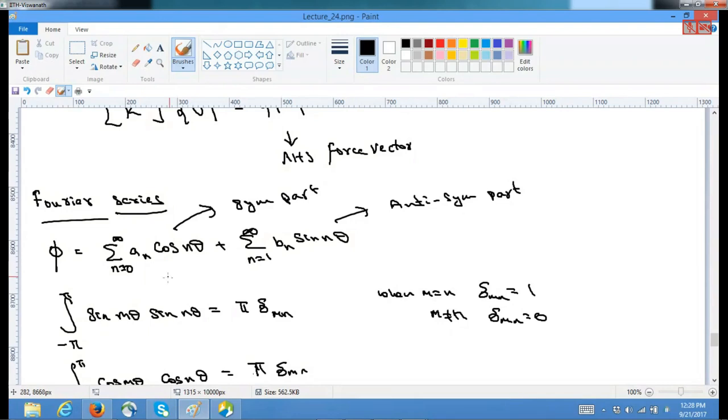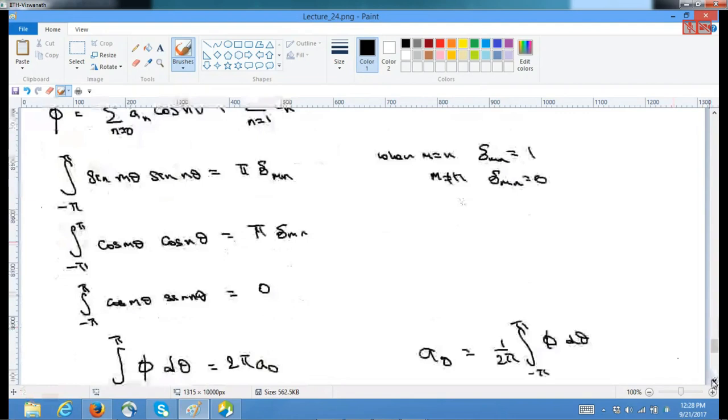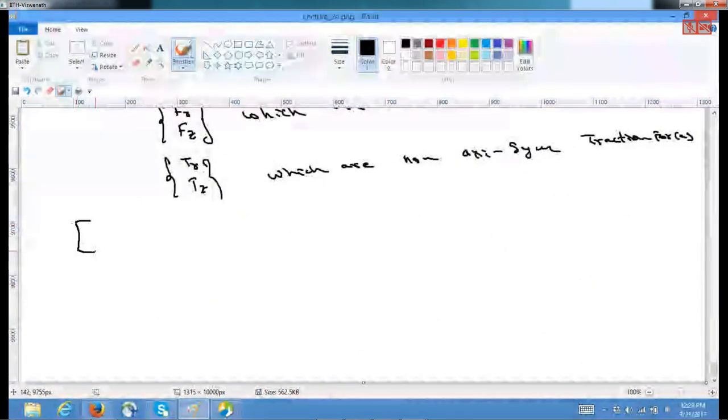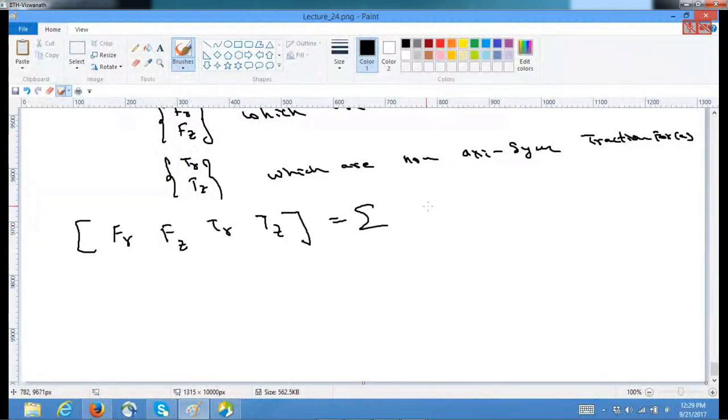Let me show you, for example, if you have the combination FR, FC, TR, TC as your total loading, that can be computed as FR bar, FC bar, TR bar, the projection of the nth component.